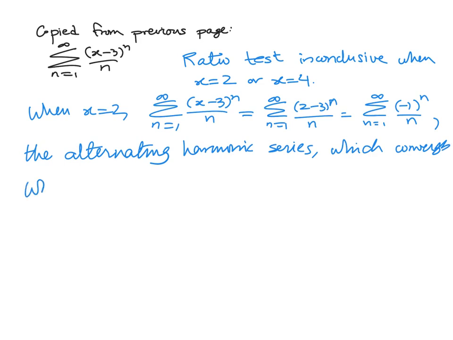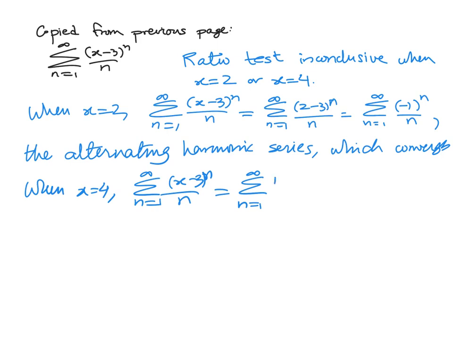Now, when x equals 4, the series from n equals 1 to infinity of x minus 3 to the n over n is going to be the sum of 4 minus 3, which I'm just going to write as 1 to the n over n, which basically is just the sum of 1 over n. And this is the harmonic series, not the alternating harmonic, but the regular harmonic series, which diverges.